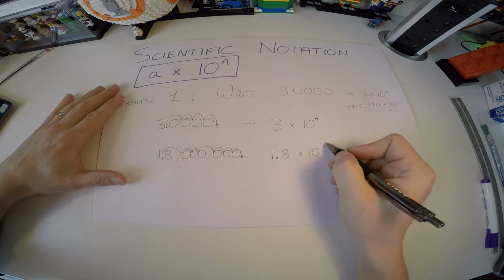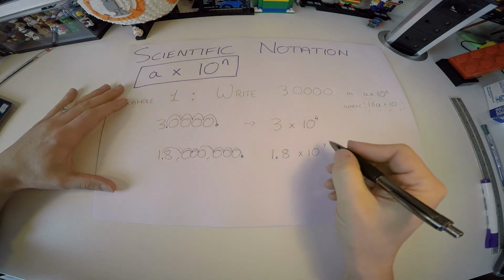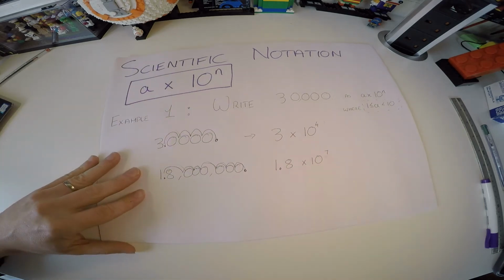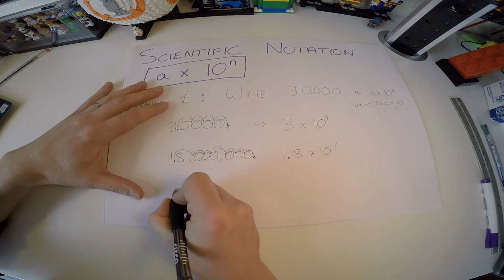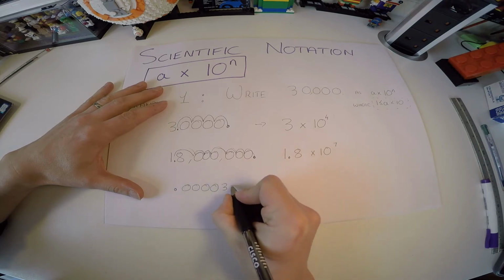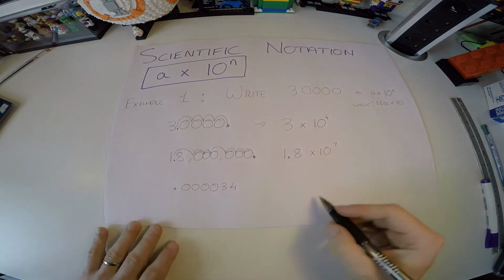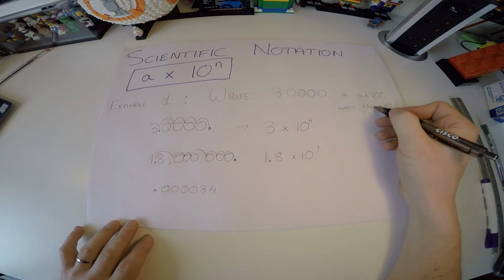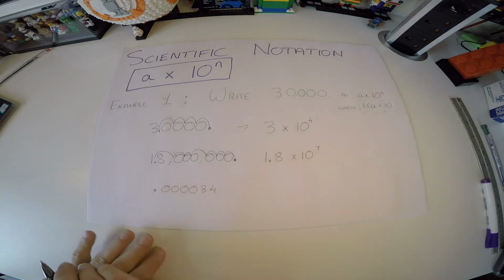So when you see these powers are positive, we're talking about big numbers. If they're negative, however, we're talking about small numbers. So let's look at what would be negative. So what about this? 0.00034, let's say something like that. Let's say we wanted to write this again where a is a number between 1 and 10, but now the decimal point's at the other side.